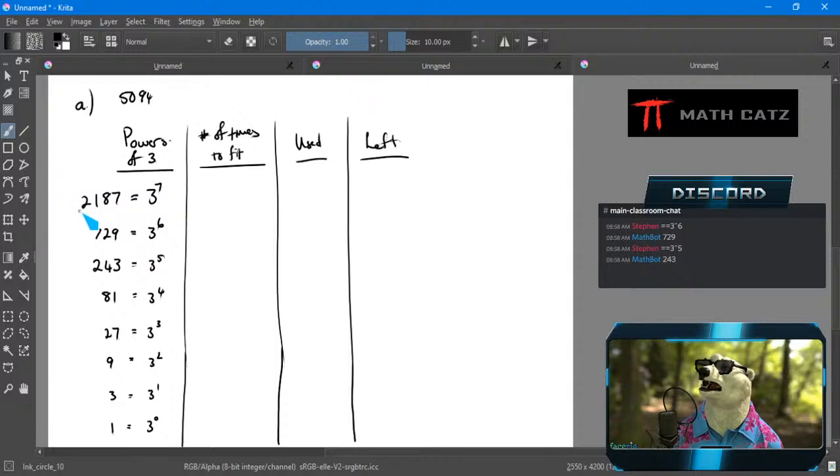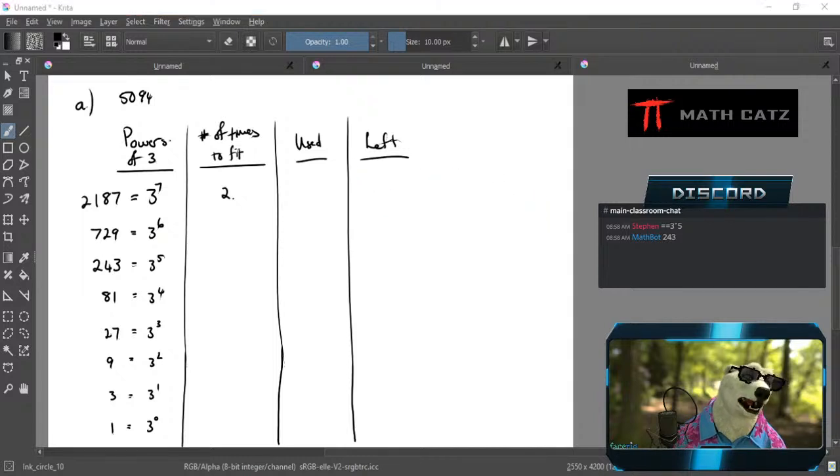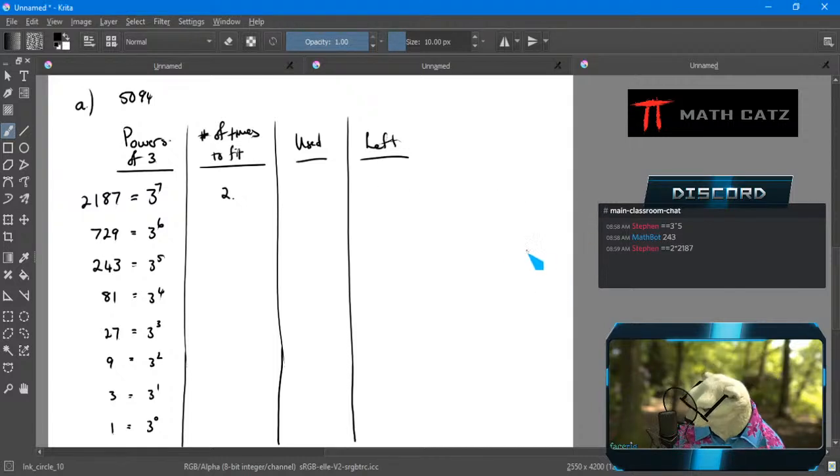How many times can 2187 fit? Obviously, twice. How much have I used? Maybe you want to try the mental arithmetic. Maybe you don't care at all. That's up to you. 2 times 2187, and we've used 4,374.